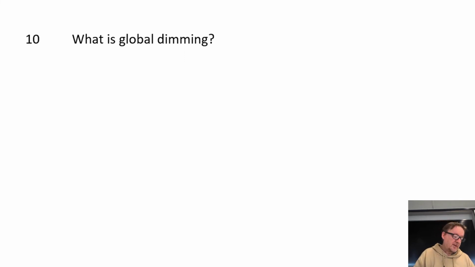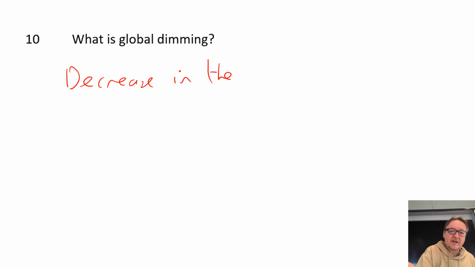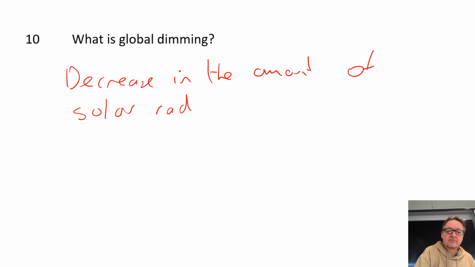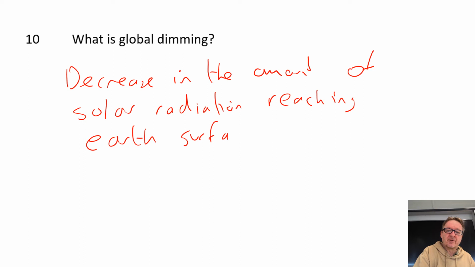What is global dimming? It is a decrease in the amount of solar radiation reaching Earth's surface, right? So what it really is, it's the amount of pollution that's actually in the atmosphere blocking the sun.